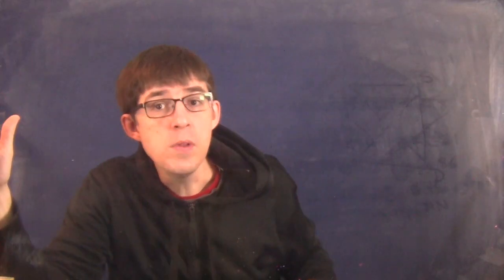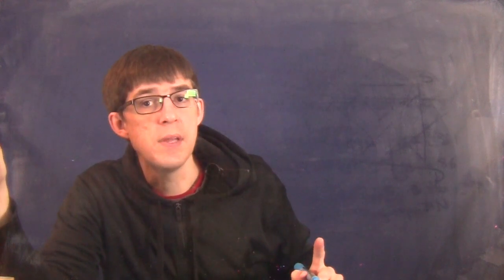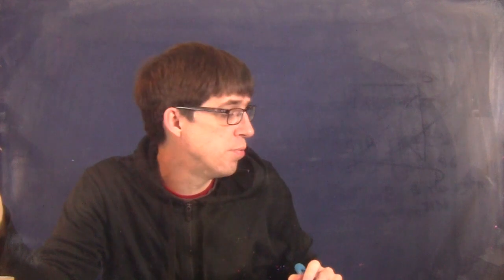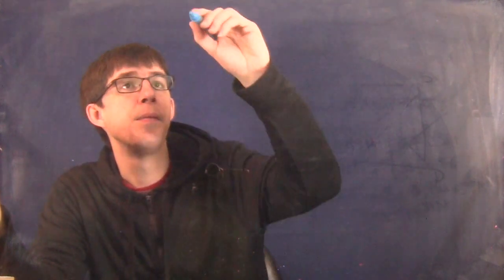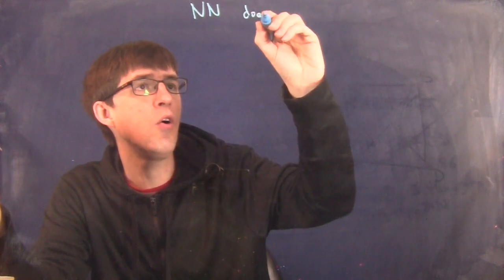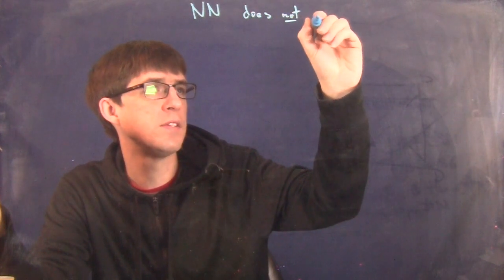As I've said before, the only way to guarantee that you get the best possible result from the traveling salesman problem is to do the brute force method. So I'm just going to say very specifically, the nearest neighbor algorithm does not always give the best solution.